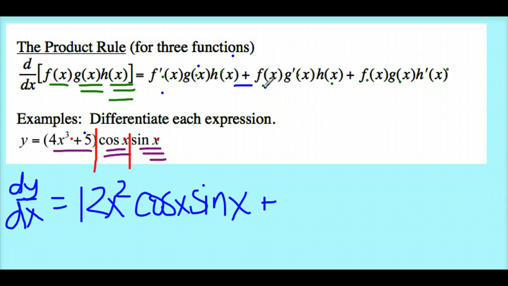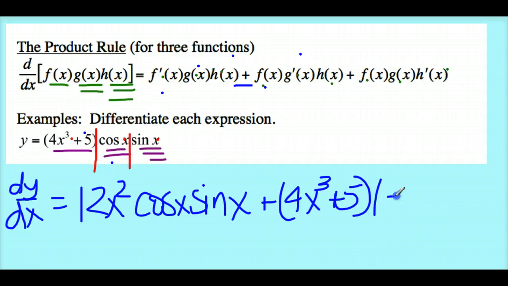Now I take the first function, which was, in this case, 4x cubed plus 5, multiply it by the derivative of g prime of x. Well, the derivative of cosine of x is negative sine of x, times my third term, which is just sine of x.